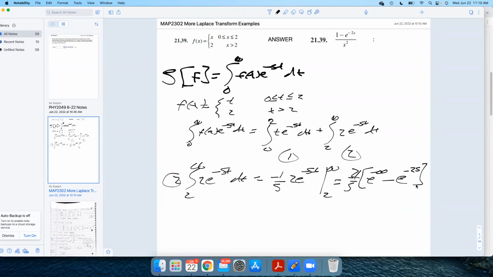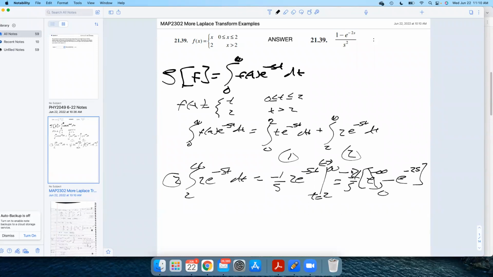Remember, these are t equals, and t goes to 2s. My limits are t because my variable of integration is t. And again, like I've said a few times, this is really supposed to be the limit as t goes to infinity, or negative infinity in this case. We know that goes to 0.